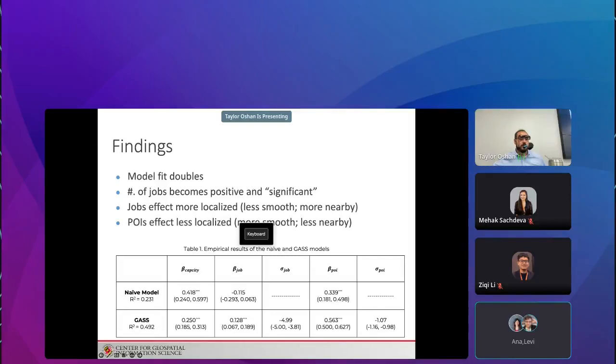So that means it's less smooth, and more nearby jobs are more important for estimating that relationship. The POI effect is less localized, meaning that the information is borrowed from a little bit further away, less nearby, and it's more of a smooth surface.